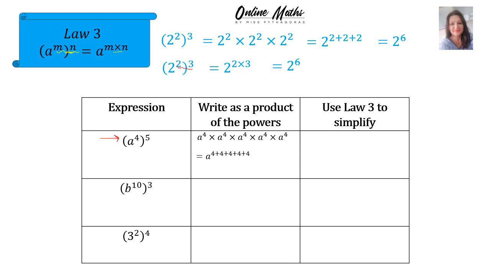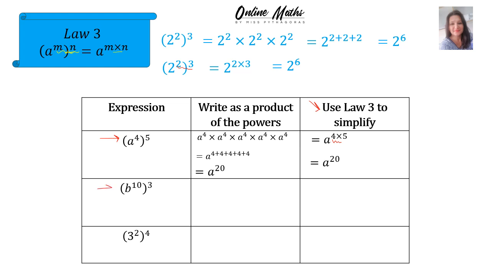That's law 1. Therefore, it's a to the 4 plus 4 plus 4 plus 4 plus 4, which is a to the 20. And then in the last column here, if we use law 3 to simplify, it's going to be a to the 4 times 5, which is a to the 20.